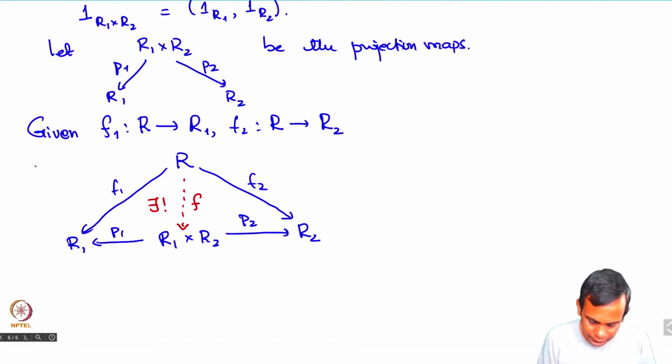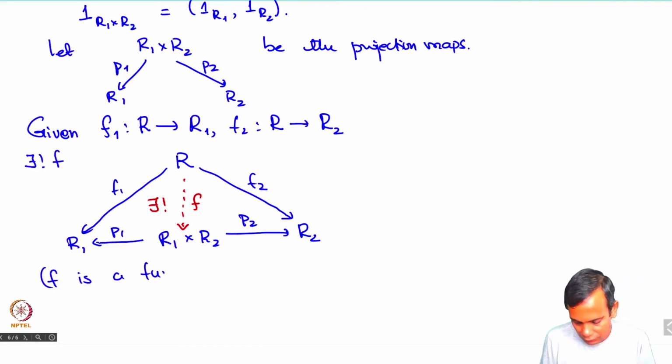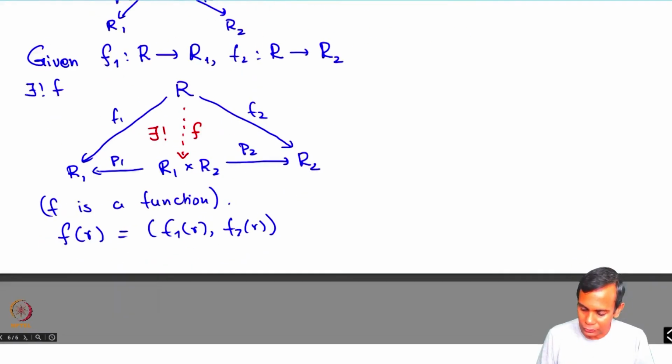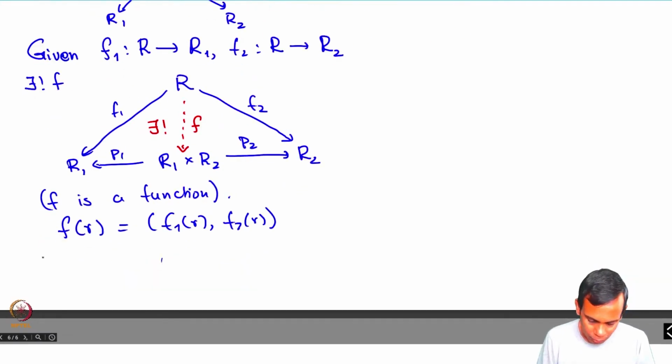So there exists a unique f, but f is only a function so far. And now all we need to do is to check that f is a ring homomorphism. But remember, f is defined by f of r is equal to (f1 r, f2 r). And it is easy to check that f is a ring homomorphism.